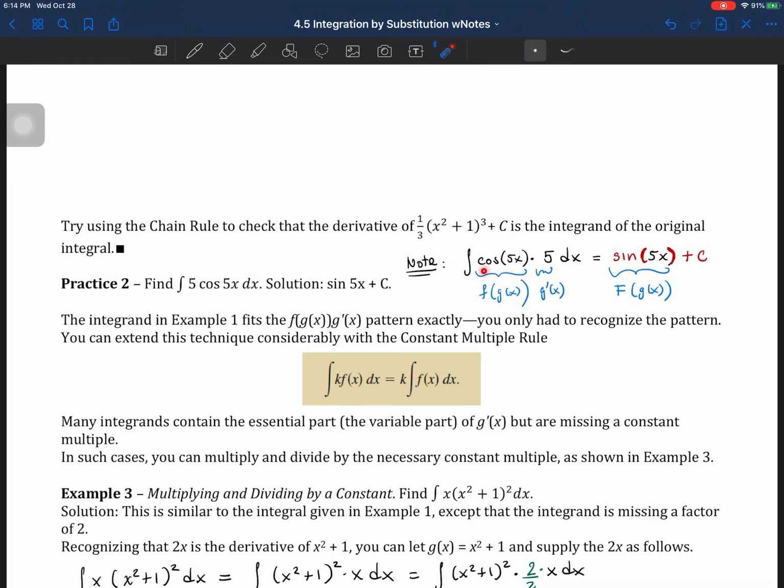The outside function is f, the inside function is 5x, and the derivative of g is 5 dx. So the rule says all you have to do is take the antiderivative of the outside. The antiderivative of cosine is sine. Leave the inside as it is, and you're done. Obviously add the c.